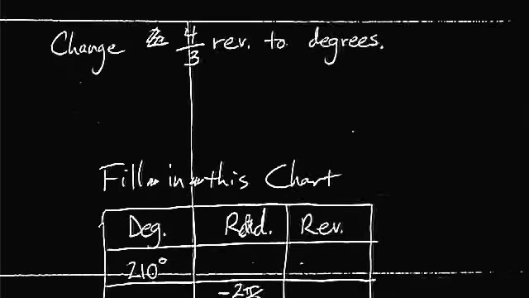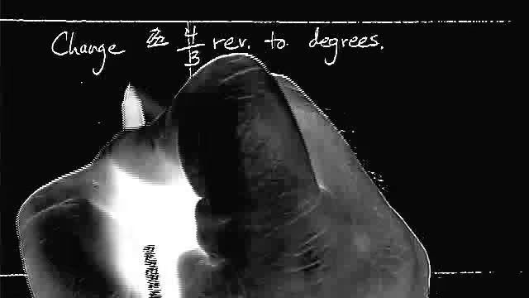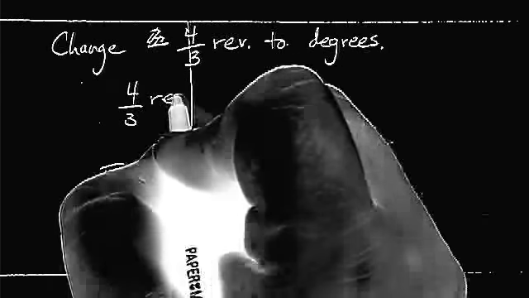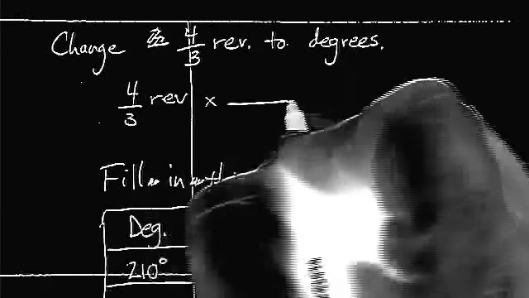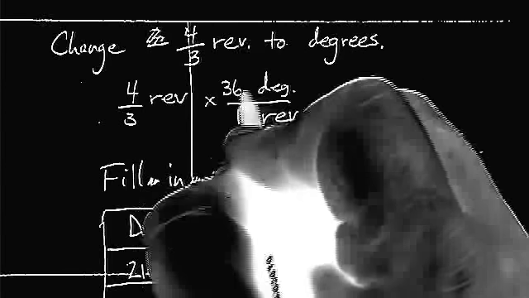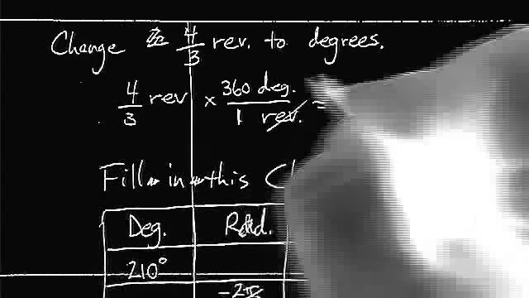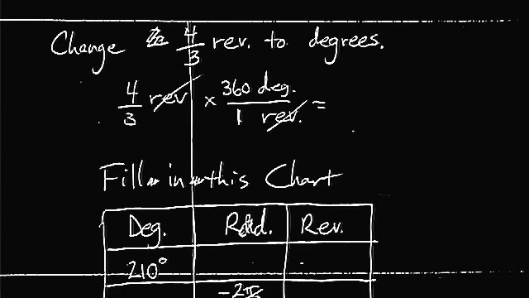Change 4/3 of a revolution to degrees. Okay? 4/3 of a revolution to degrees. We want to end up with degrees. So 1 revolution is 360 degrees. The revolution units will cancel.